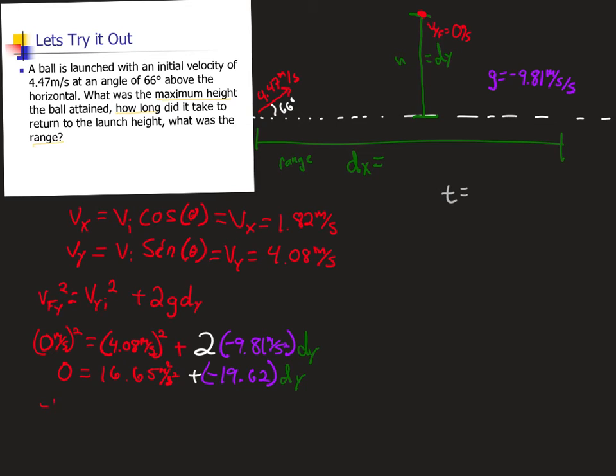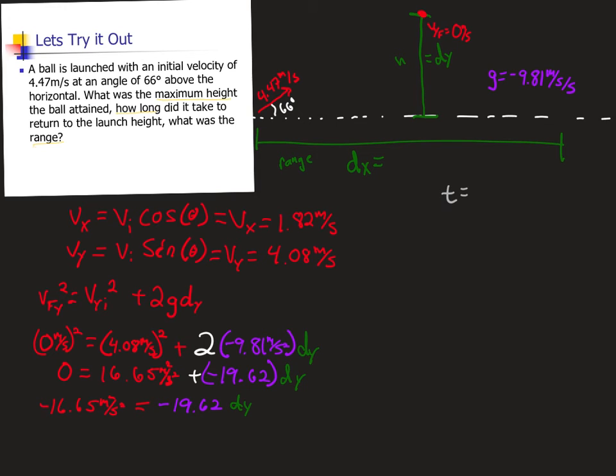So we would have a negative 16.65. Because I needed to subtract both sides by that to get rid of it, which will then equal a negative 19.62 times d sub y.